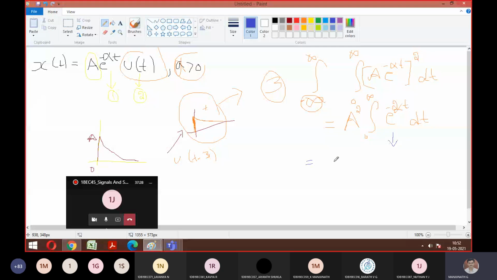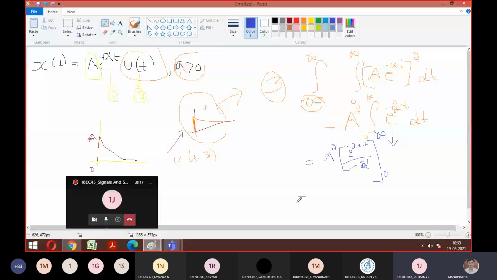So the integration is e power minus 2 alpha t divided by minus 2 alpha. Is it correct what I wrote, the integration of e power t? Yes or no? Yes.